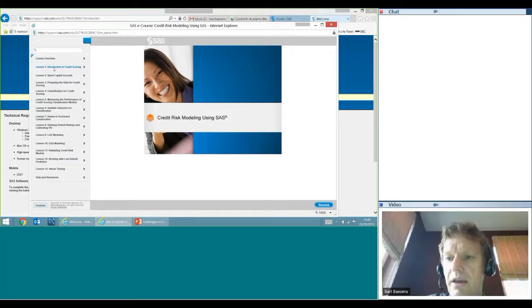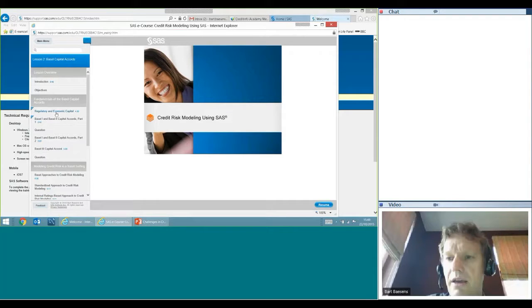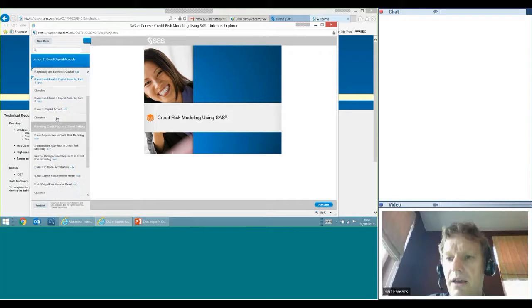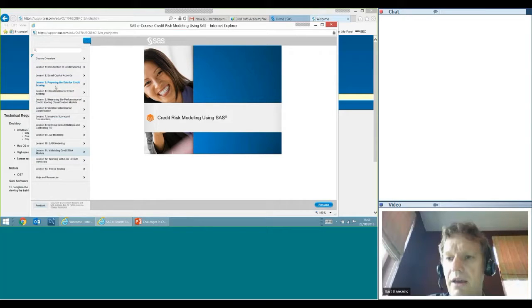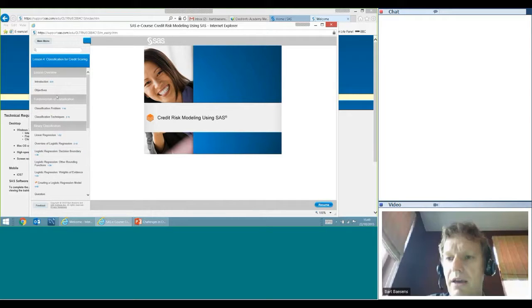So we have an introduction to credit scoring, the Basel Capital Accords, including Basel 1, Basel 2, Basel 3, etc. We have preparing the data, whereby we're going to zoom into outlier detection, missing values, scorecard classification techniques which are used, such as logistic regression, etc.